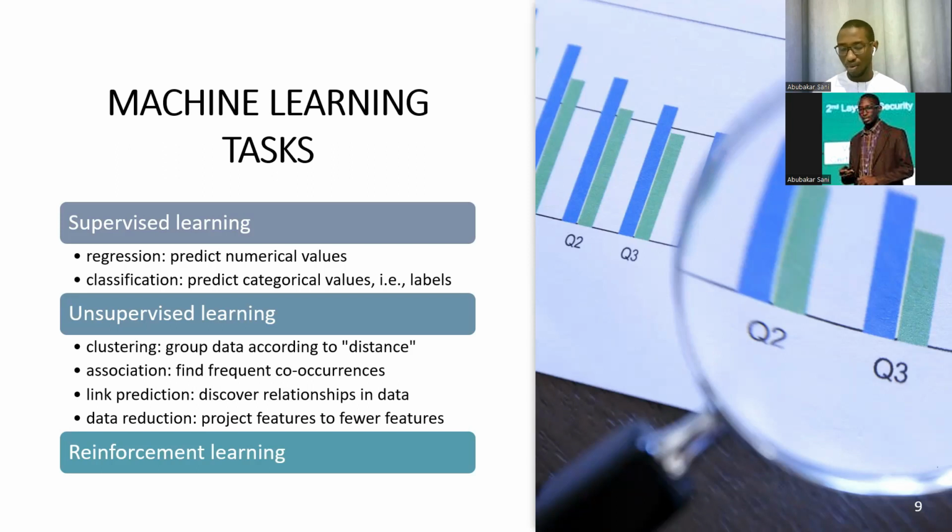Reinforcement learning, however, is different from the previous two. Both supervised and unsupervised learning require data. Reinforcement learning does not require historical data. All that is needed is the environment or the system, and you put the agent in and it learns by trial and error.